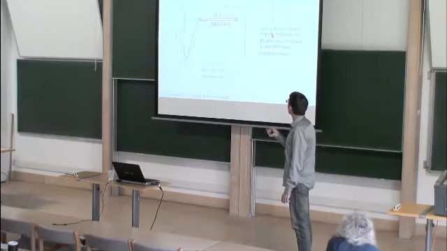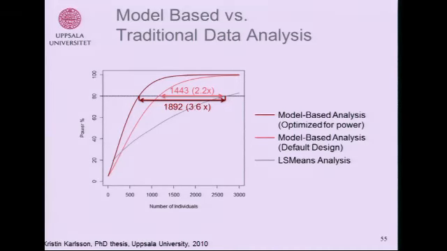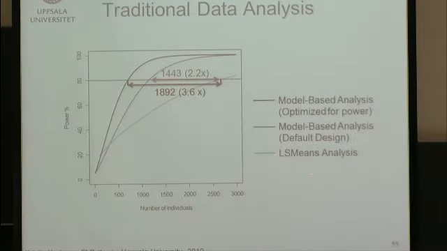Just as something to think about, doing the least square means analysis in that case would require 1,443 individuals more to reach 80% power compared to the model-based analysis. And if we compare that to the optimized design, it's even 1,892 individuals more, or 3.6 times more individuals.